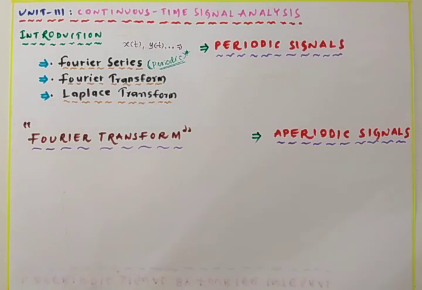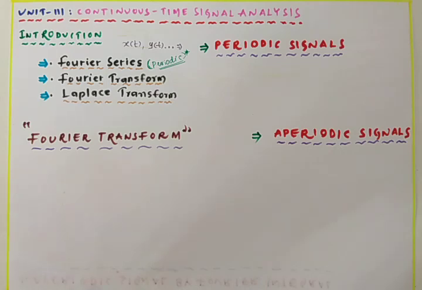The Fourier series has some limitations: it can't model all periodic signals. It can be used to represent only some specific periodic signals, and some periodic signals cannot be represented by the Fourier series.